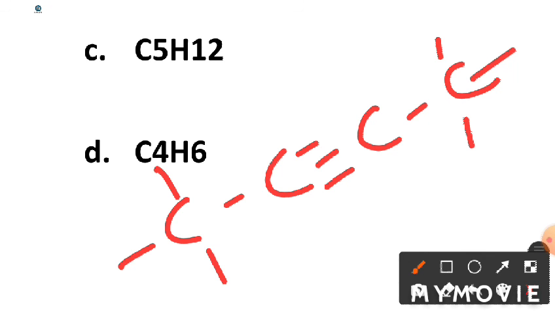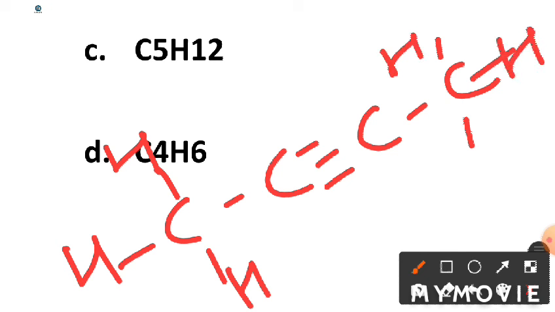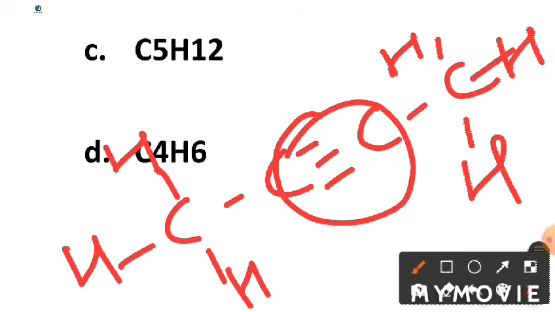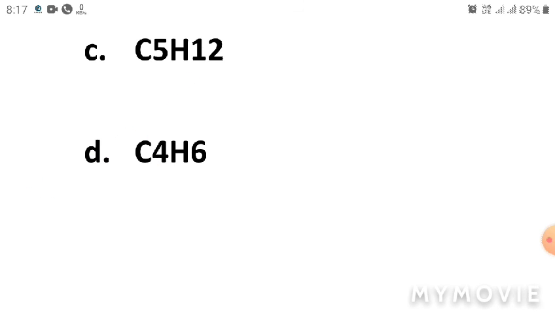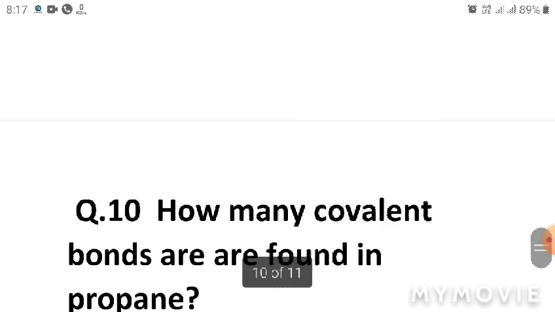So here 1, 2, 3, 4, 5 and 6. So here a triple bond is found in this compound, so it is the correct option. Your option is C4H6. It's the correct option.